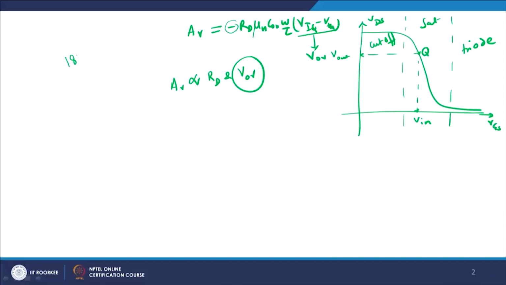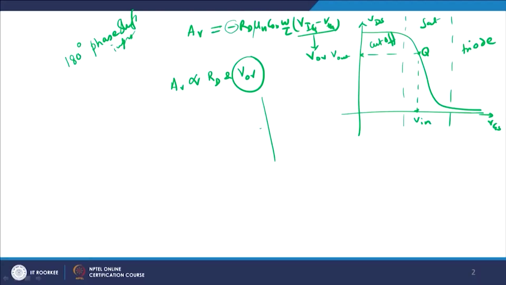a MOS device, when you have a source grounded condition, will always have the output 180-degree phase shifted as compared to the input. So, you will always have a 180-degree phase shift and therefore, it will always be negative in nature.